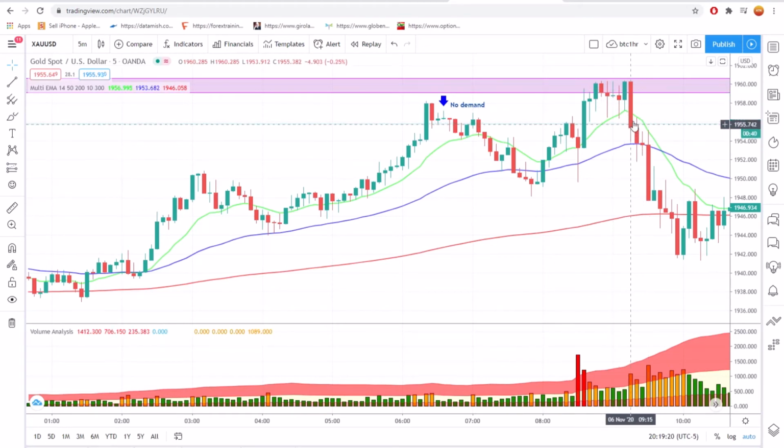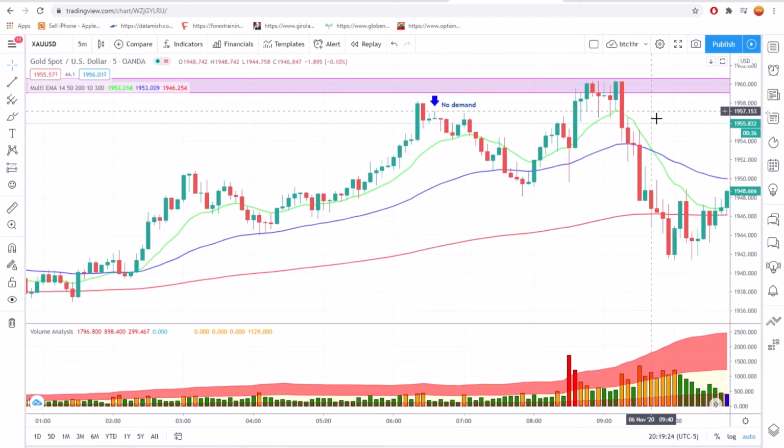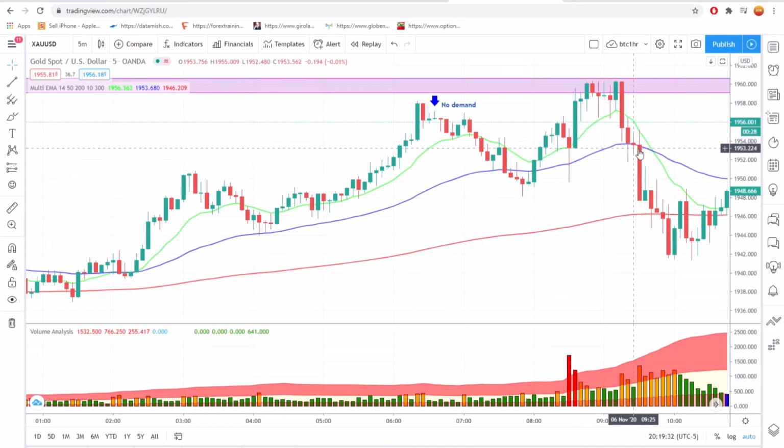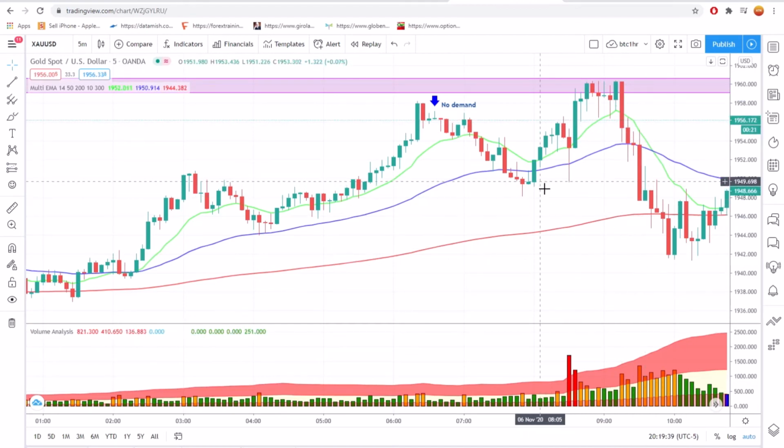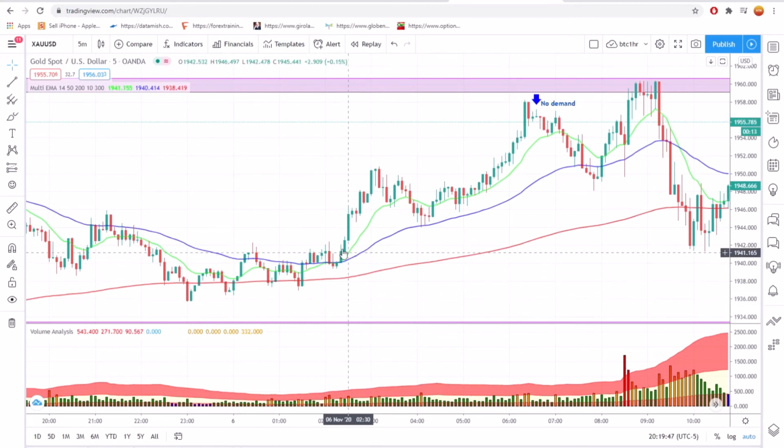And now how do we manage this? So for example, this is how you would be able to manage this short. Stop loss above there, and now we see we have a clear indication of a push down, push down. Now let's say when you enter this trade, you were targeting back to this level for half your position to get out, or you were targeting back to this level right here, all of this in this area.